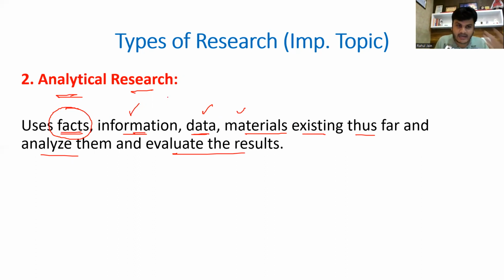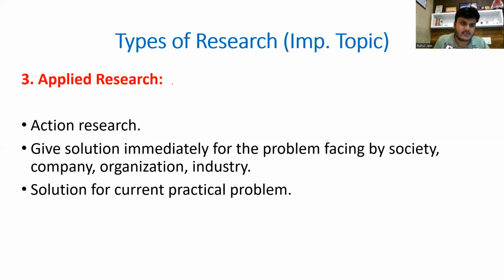So analyzing the given information, fact, data, and material which is already in existence is a kind of analytical research, because analytical reasoning will be there, and analyzing lots of information falls under this kind of research.